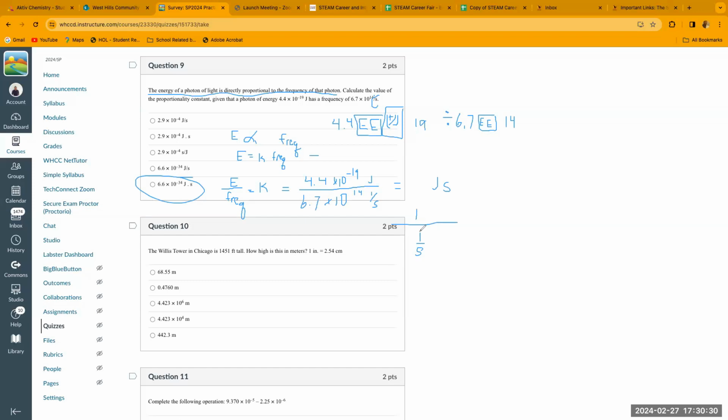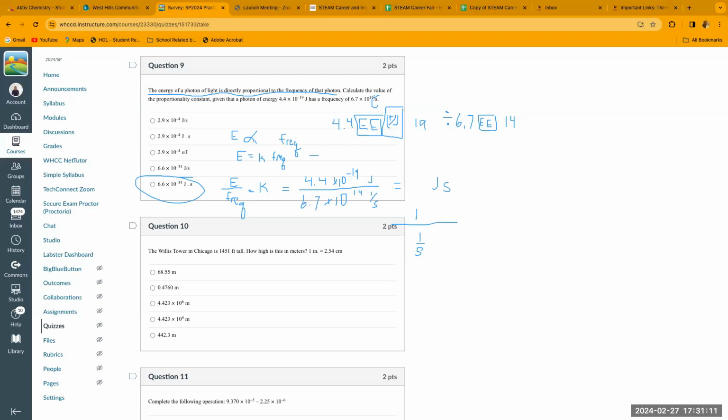So if you had 1 over seconds, that would flip so that you end up with seconds. Anytime you divide by something that is itself a fraction, it just gives you whatever number is on the bottom, and that'll just be on top. Good question, though. A lot of students actually make mistakes on that.